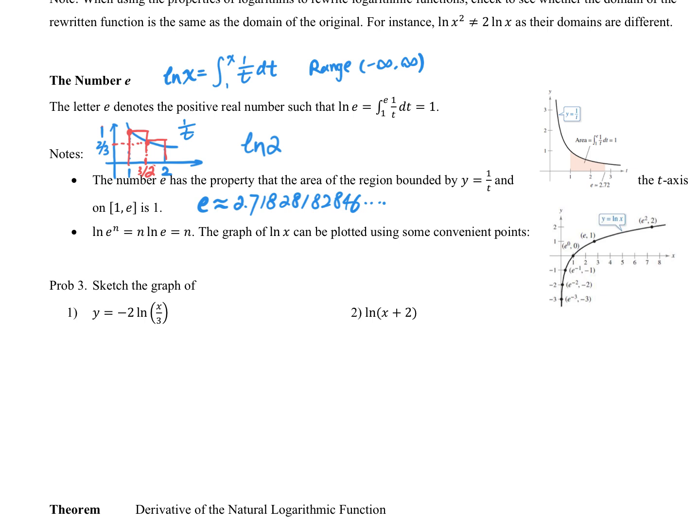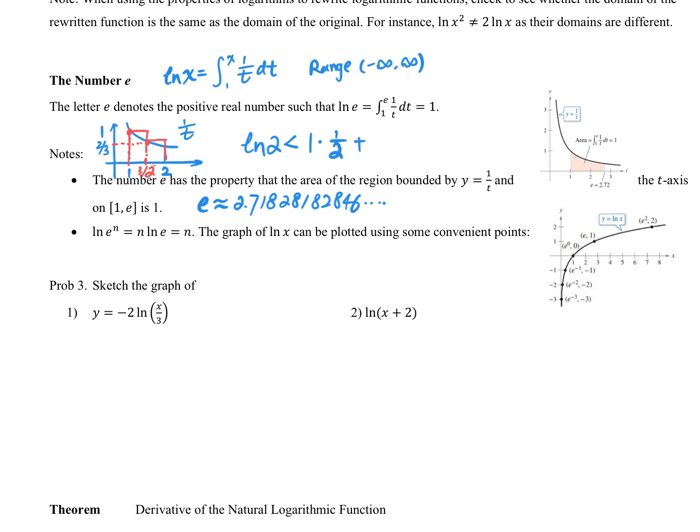So this ln2, which means the area bounded by the curve, is definitely less than the sum of these two rectangle areas. The area of the first rectangle is 1 times 1/2, because the width of the rectangle is 1/2.